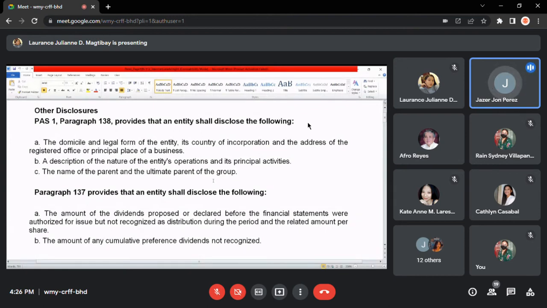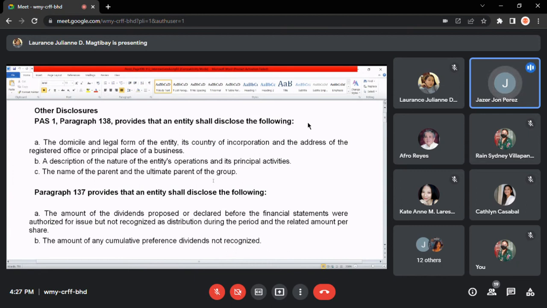A. The domicile and legal form of the entity, its country of incorporation, and the address of the registered office or principal place of business. B. A description of the nature of the entity's operations and its principal activities. And for letter C, the name of the parent and the ultimate parent of the group.